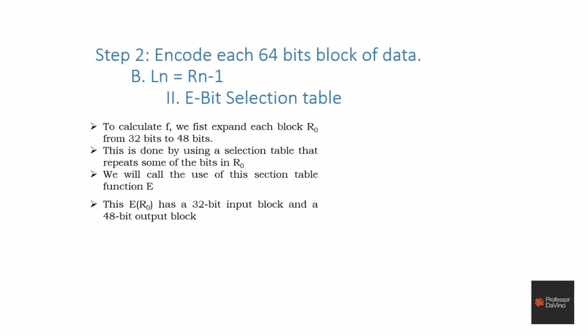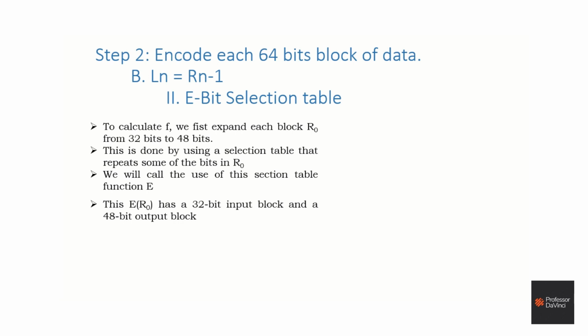To calculate F, we first expand each block R0 from 32-bit to 48 bits. This is done by using a selection table that repeats some of the bits in R0.